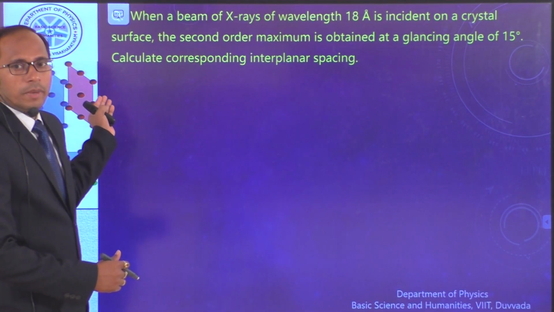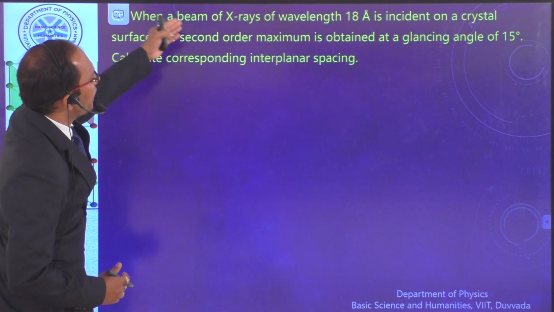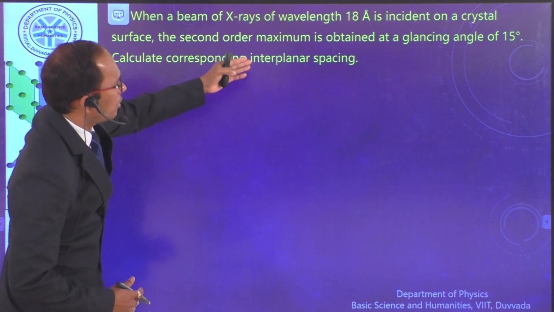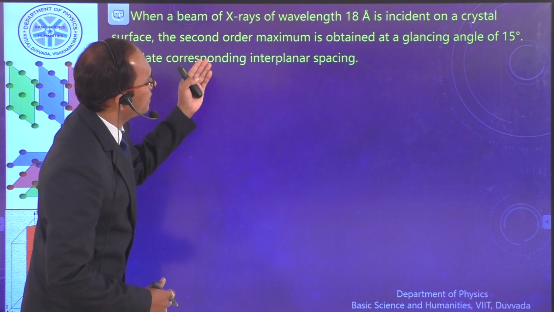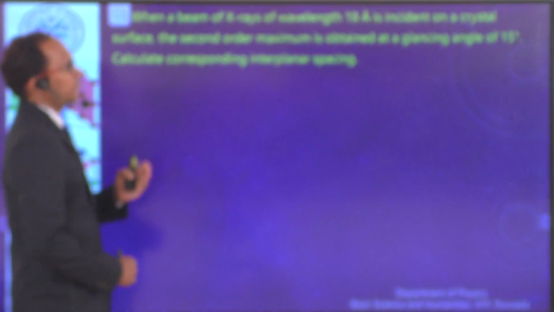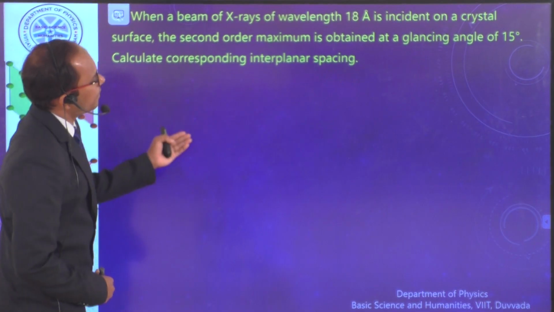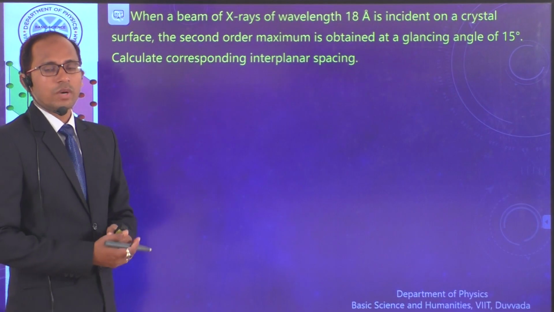Here the numerical is: when a beam of X-rays of wavelength 18 angstrom units is incident on a crystal surface, the second order maximum is obtained at a glancing angle of 15 degree. Calculate the corresponding interplanar spacing. This is what is given.